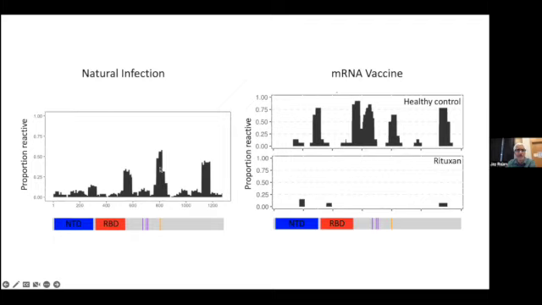While in the mRNA vaccination group you get this huge peak here, and very large peaks adjacent to the RBD, that's less commonly seen in natural infections. You get sort of these more carboxy terminal peaks.